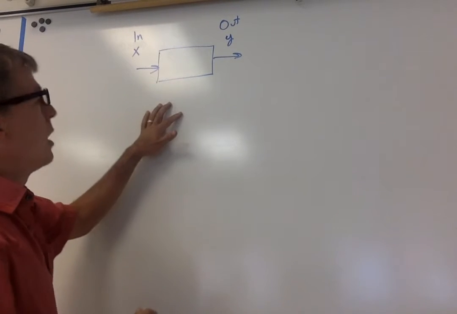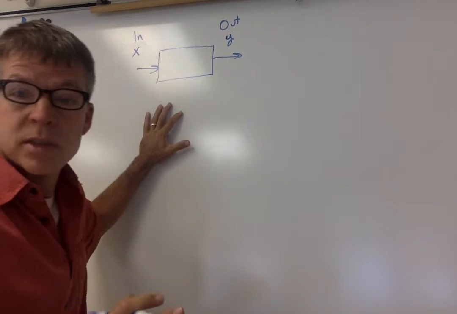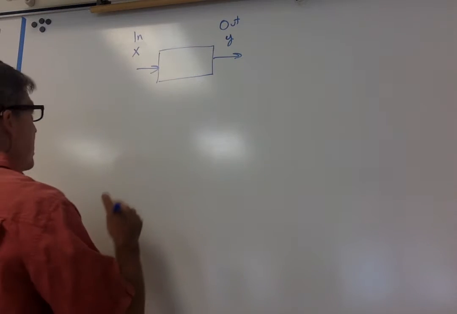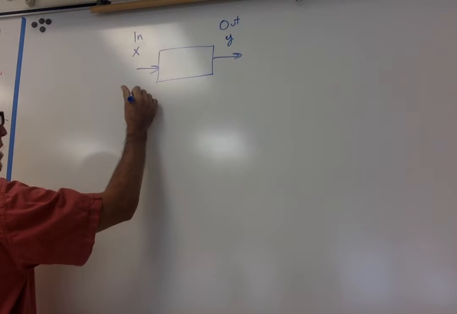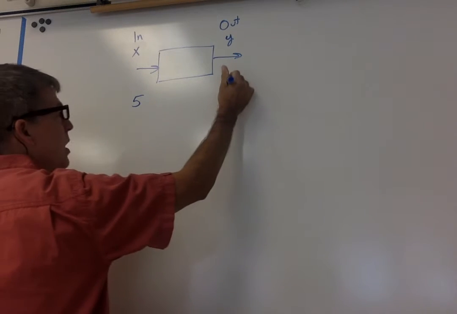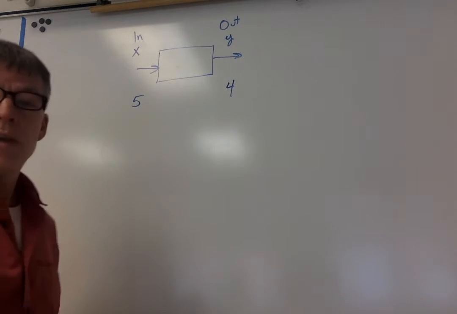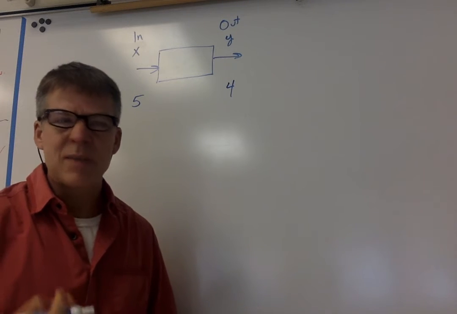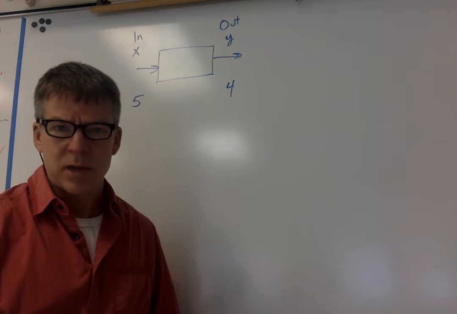I'm just going to put in some input numbers and output numbers and see if you can guess what the pattern is, okay? So let's say that you put in a 5. Well, this guy changes that 5 into a 4. Do you have an idea about what the pattern might be? Hopefully you're saying, well, I'm not sure yet. I need more data to see if I'm right.